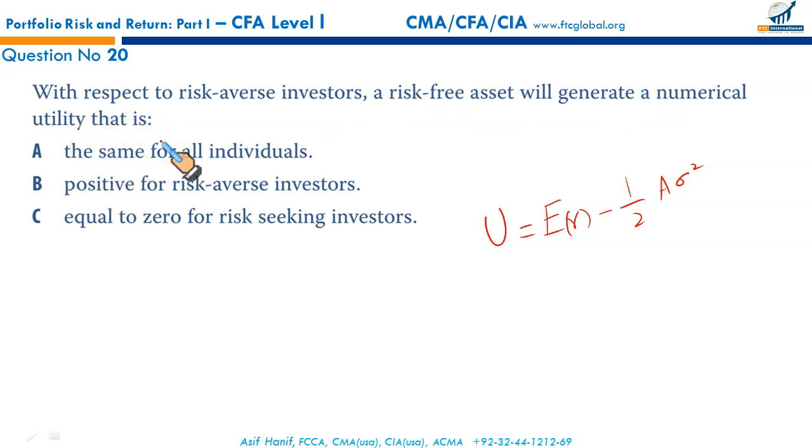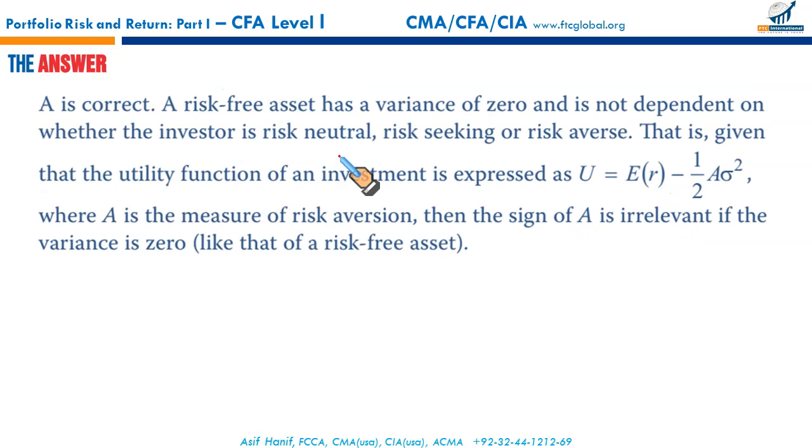Since a risk-free asset has zero variance, it doesn't matter whether the investor is risk averse, risk seeking, or risk neutral. Utility would be the same for all, right? That would make A the correct option.